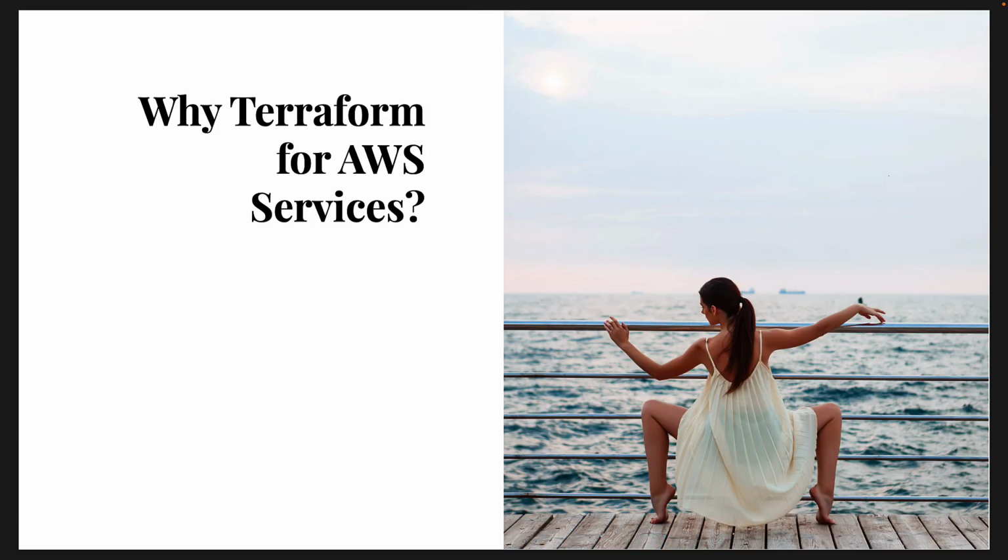Why Terraform and for AWS services? Terraform's declarative configuration language allows you to describe your desired infrastructure state, and it takes care of reaching that state with minimal human intervention.